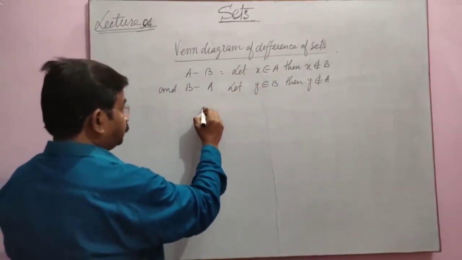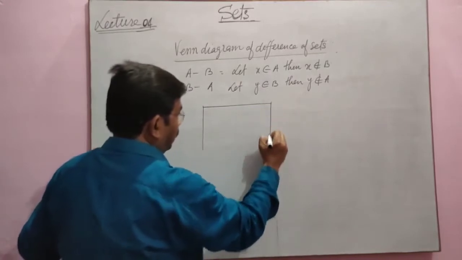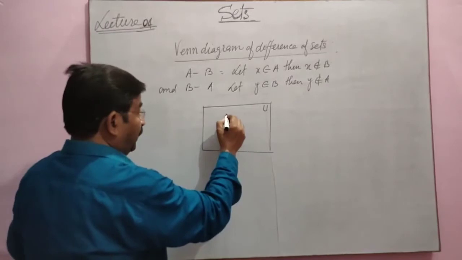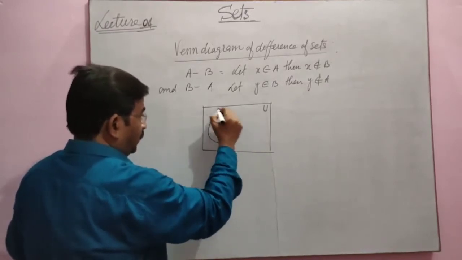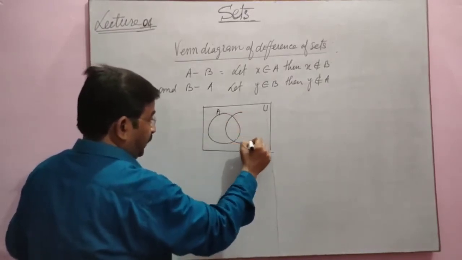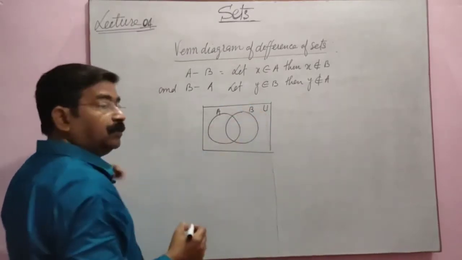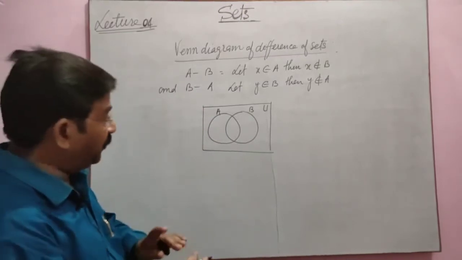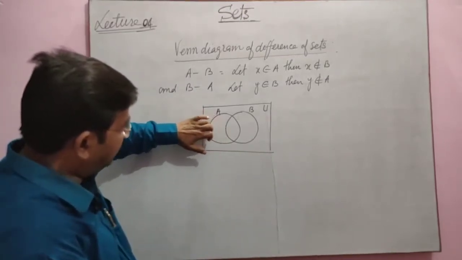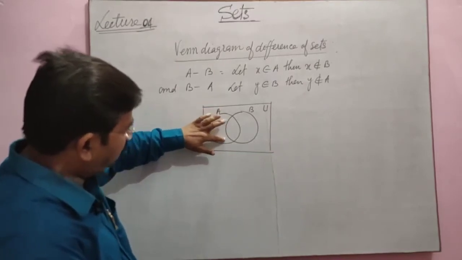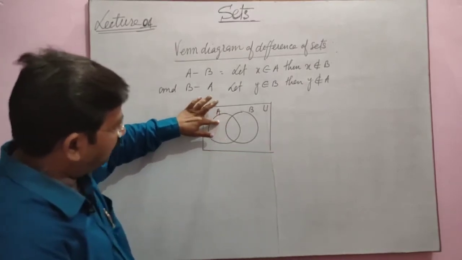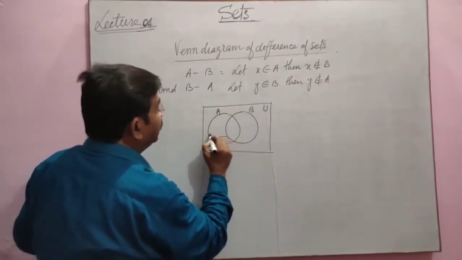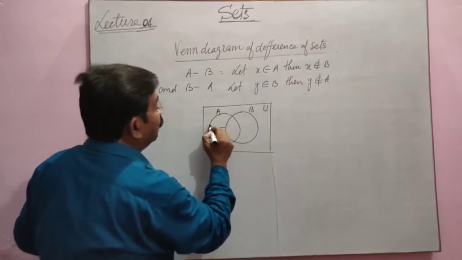So let's see, I am making it. This is the universal set. We have a set A and another set B. Elements of A which are not found in B: this portion is only the elements of A. This portion I am shading is what?